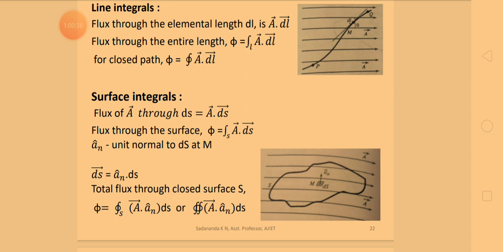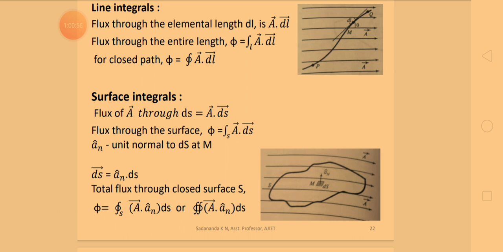Therefore, once you get the flux through the elementary area ds, that is vector A into vector ds, you can integrate it. It will give rise to the total flux through the total surface area.